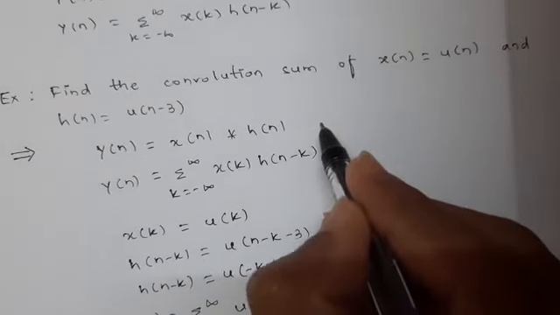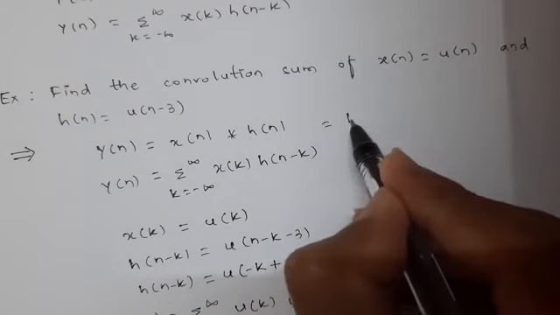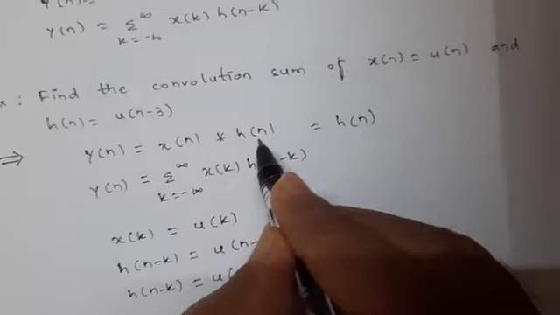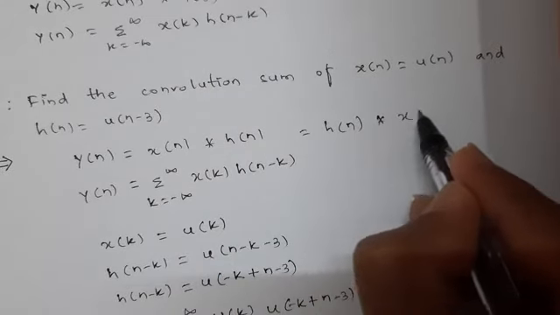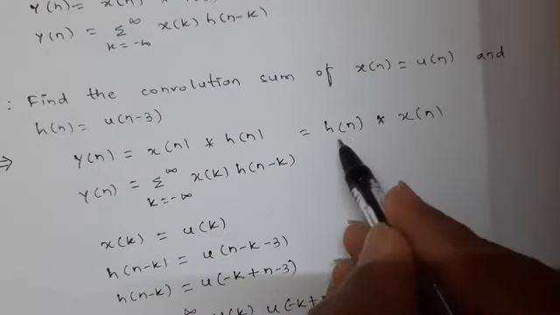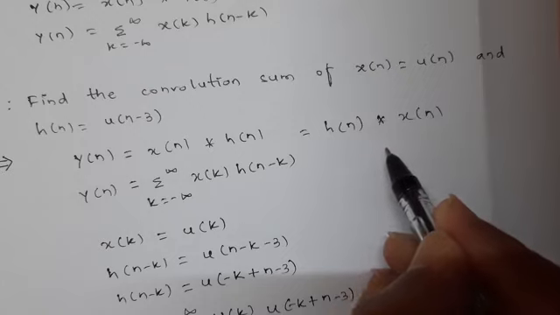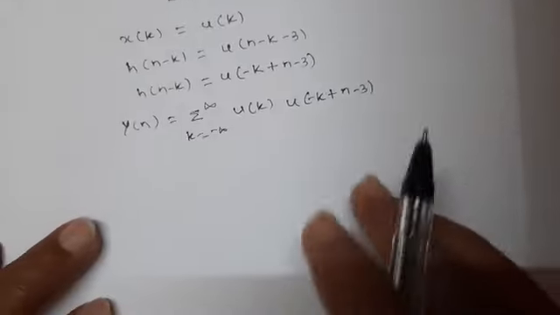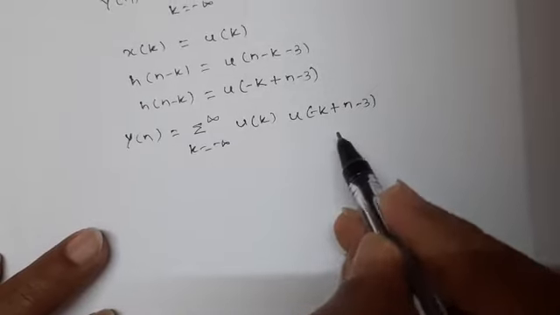Why? Because convolution is commutative, and hence x of n convolution with h of n is also h of n convolution with x of n, where you can write h of k into x of n minus k, which I will deal with in the next example.